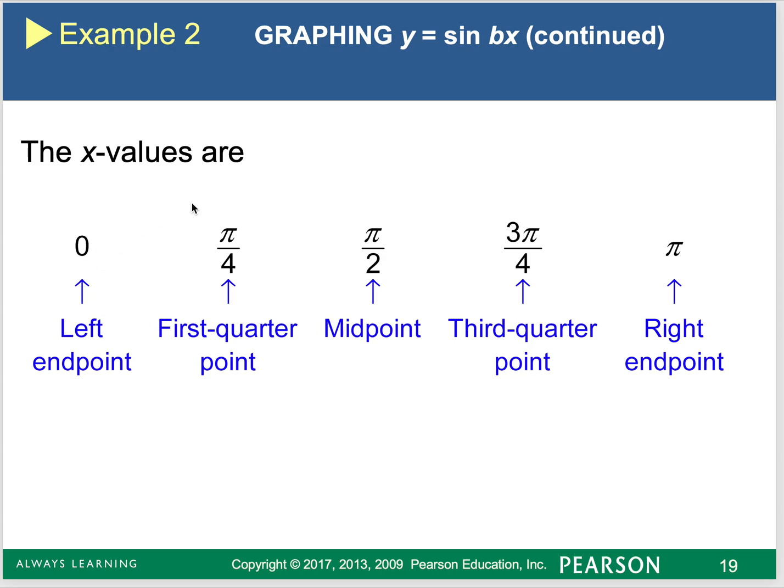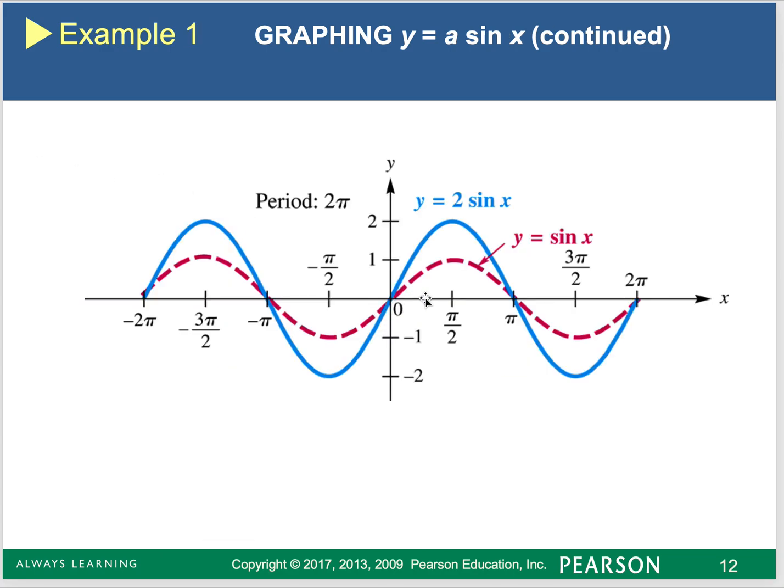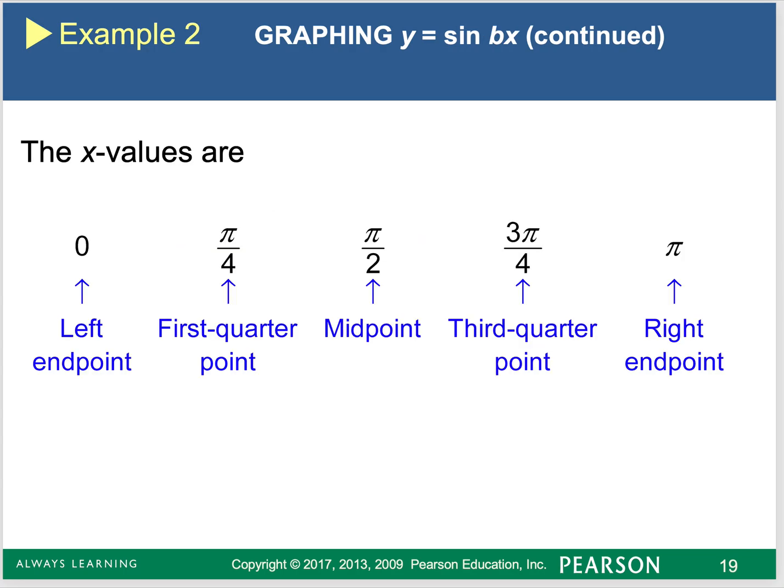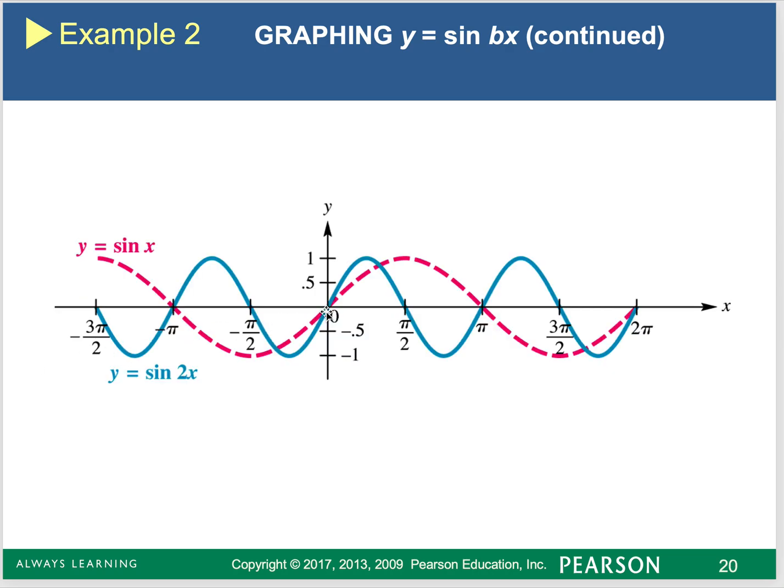And basically what you're going to do is take the traditional values for sine, which are 0, pi over 2, pi, 3 pi over 2, and 2 pi, and divide them by 2 to get these endpoints. So now it's going to follow the same cycle of up and down, but it's going to do it at the new coordinates, not the old ones in red.